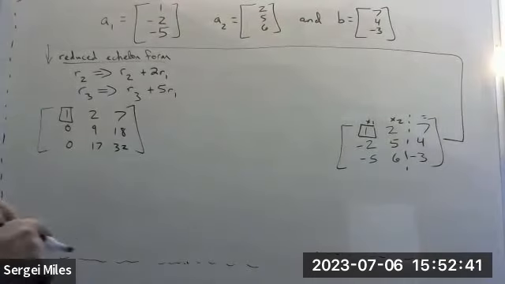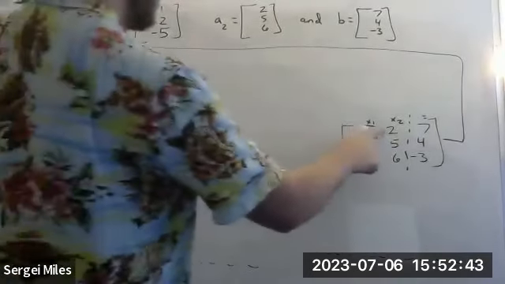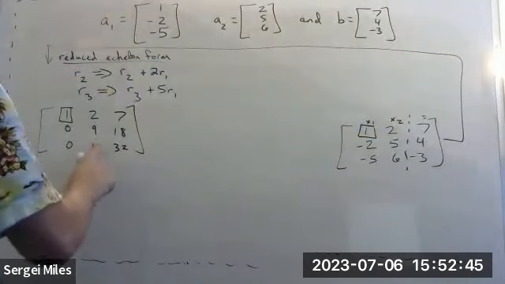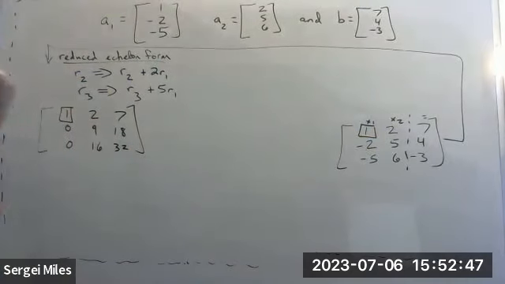Oh, wait, hold on. Did I add this correctly? 5 times 2 is 10, plus 6 is 16, not 17. Right, I believe that's correct now. Yes, good.